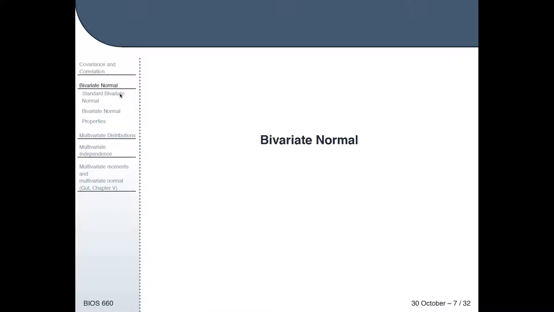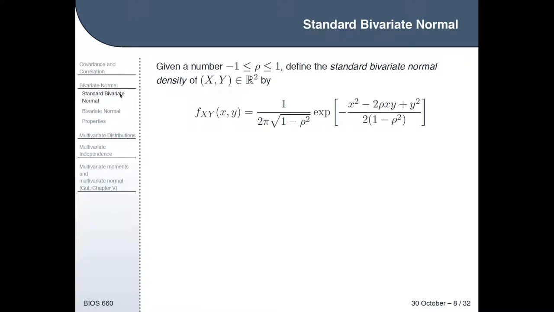Oh, bivariate normal distribution. Given some number rho, with -1 less than or equal to rho less than or equal to 1, rho, as you're probably already guessing, is just going to be the correlation coefficient. The bivariate normal density is defined to look like the following.